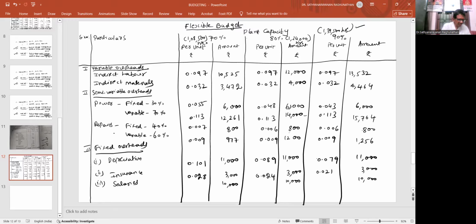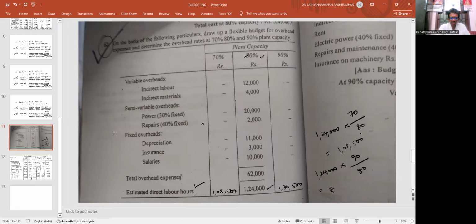So 10,000 divided by 1,08,500. 0.092. 10,000 divided by 1,24,000. 0.080. 0.081. When you see the calculator, you can easily understand. And then 10,000 divided by 139,500. 0.072. Okay. That's all. Everything got over.